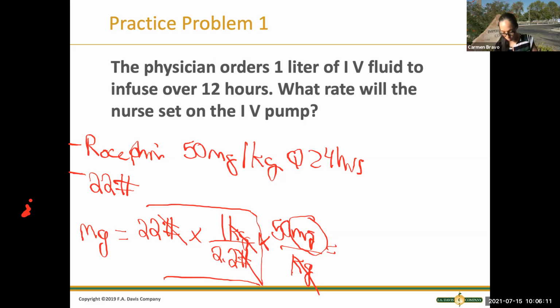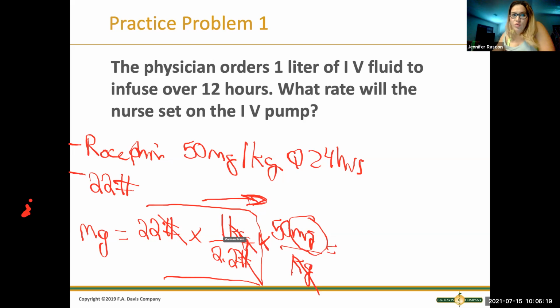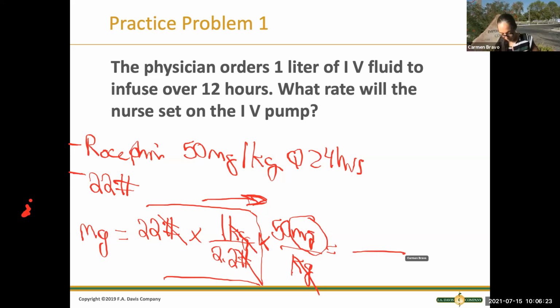So I always recommend working the problem all across, like 22 times 1 times 50. Always do the weight first and then do the medical conversion. That way you always have the same setup and you're not going to miss any conversions.